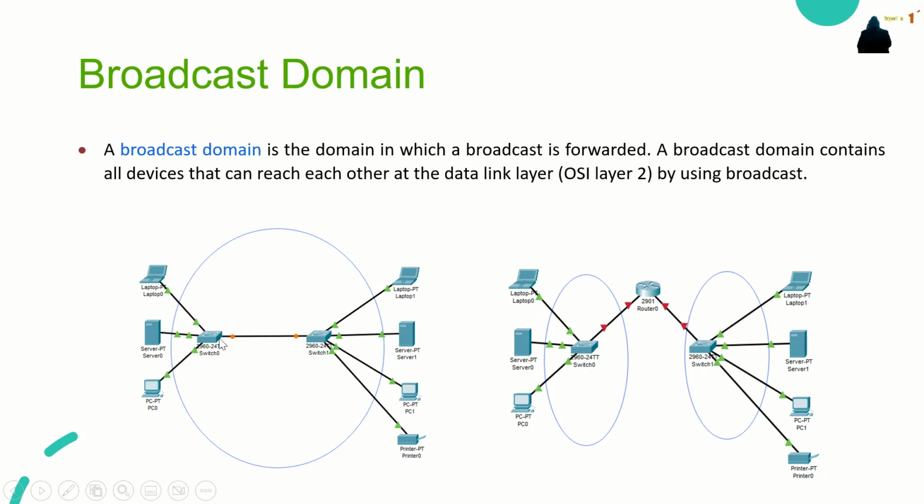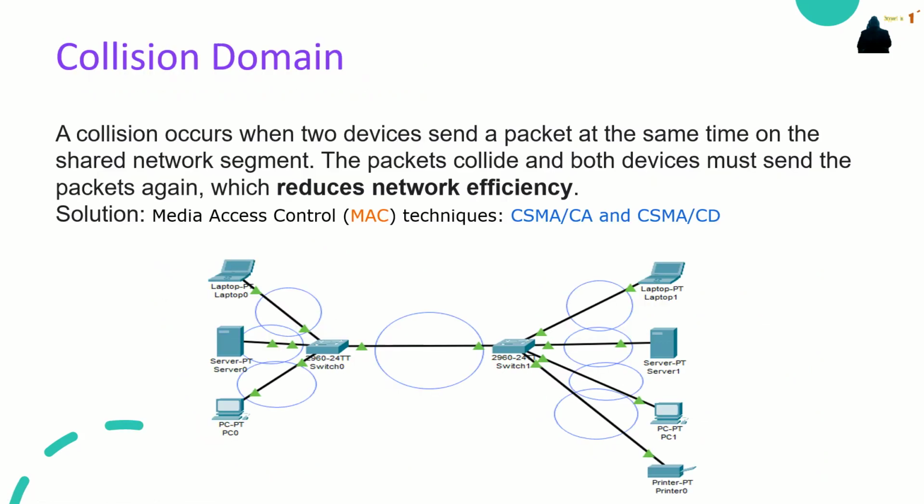But in a switch by default, Ethernet broadcast frames are flooded out all ports, just like bridges and also hubs. And all ports on this device are in the same broadcast domain, and it's not good. Okay, it's very good for a small network, but for a large network, it is not good.